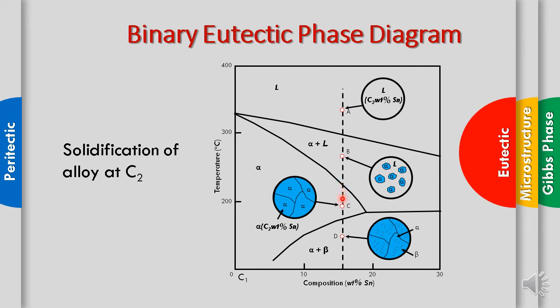And when it hits this line, it will start to form beta. Here we can see a beta stripe produced.